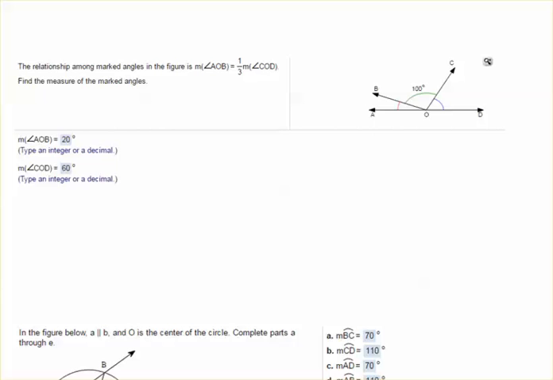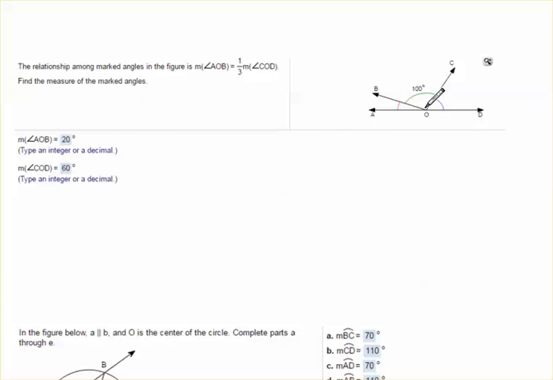All right. Now for something really interesting. We're now going to be using our algebra skills to figure out what some angle measurements are. This one says find the relationship among marked angles in the figure. The relationship among marked angles in the figure is the measure of angle AOB.